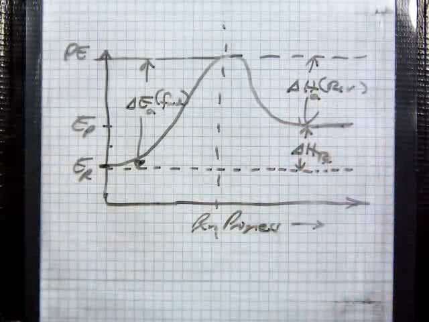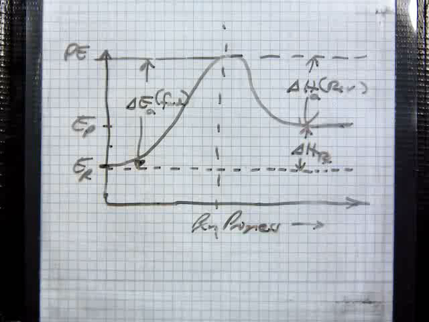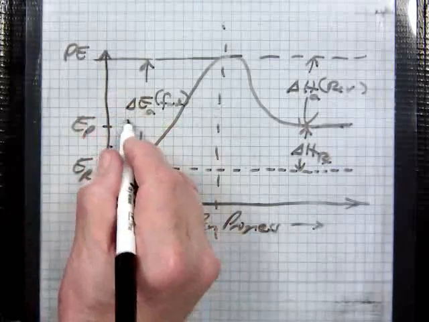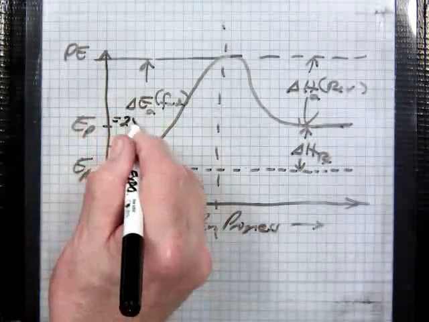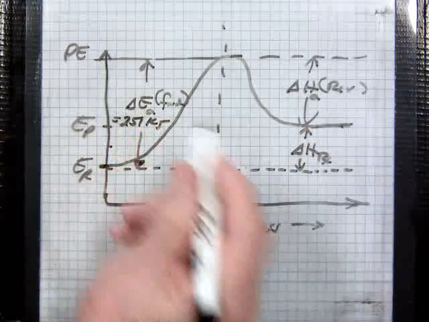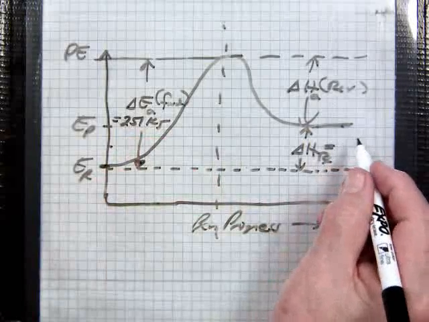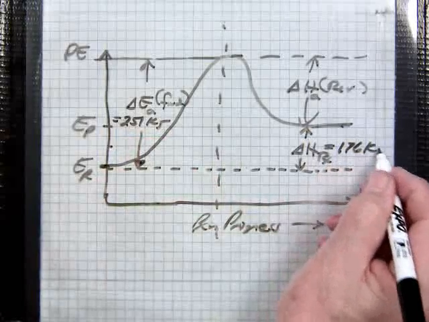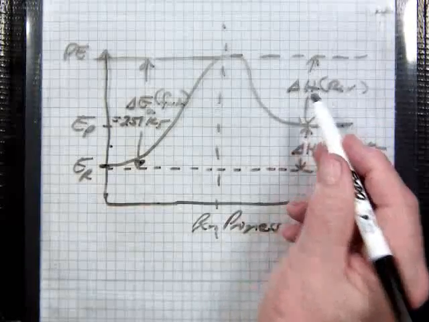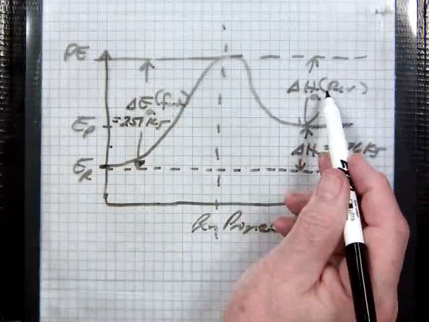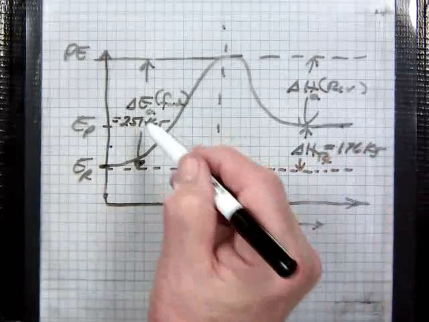In this calculation, in the problem that we have, we have 251 kilojoules for the forward reaction here, and the heat of reaction is 176 kilojoules.